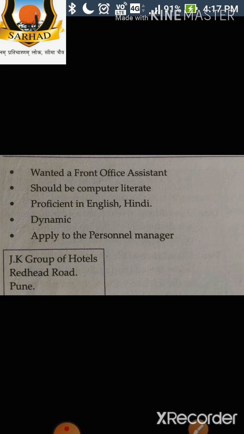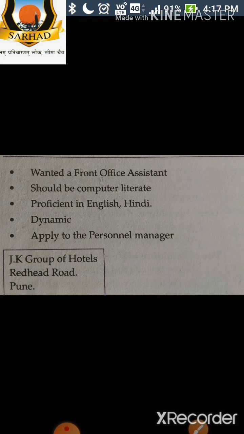They expected from that employee, second point, that the employee should be computer literate, then proficient in English and Hindi, with a good knowledge of English and Hindi. Then a dynamic personality is also expected from that employee. And apply to the personal manager.